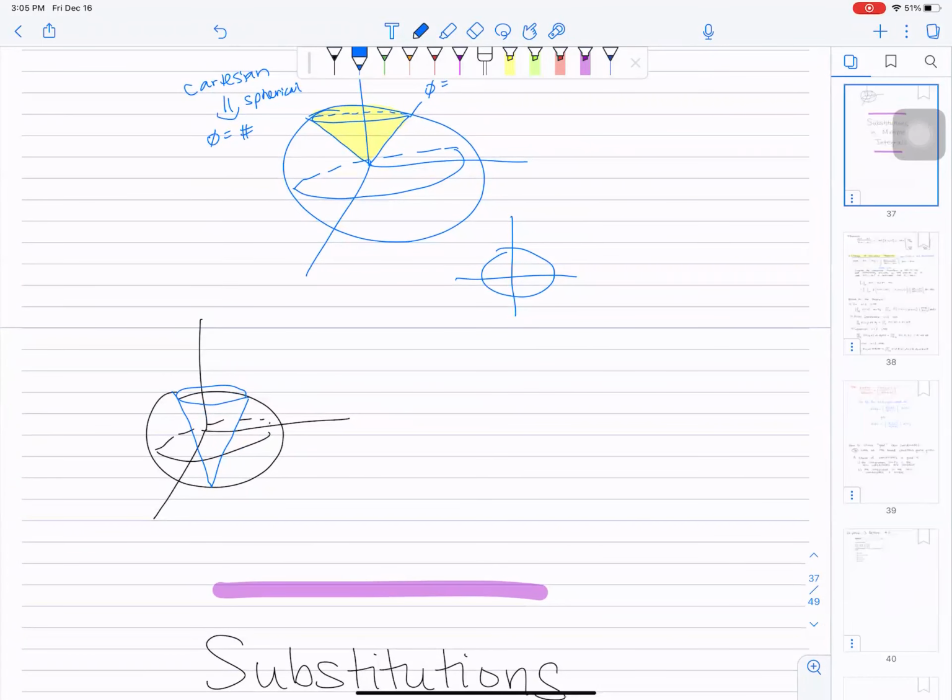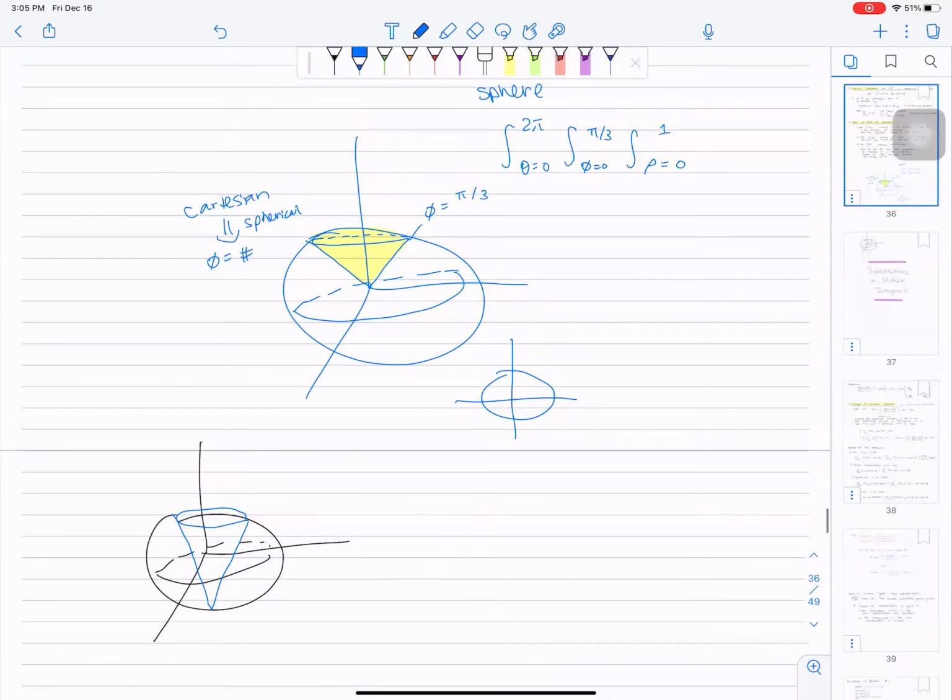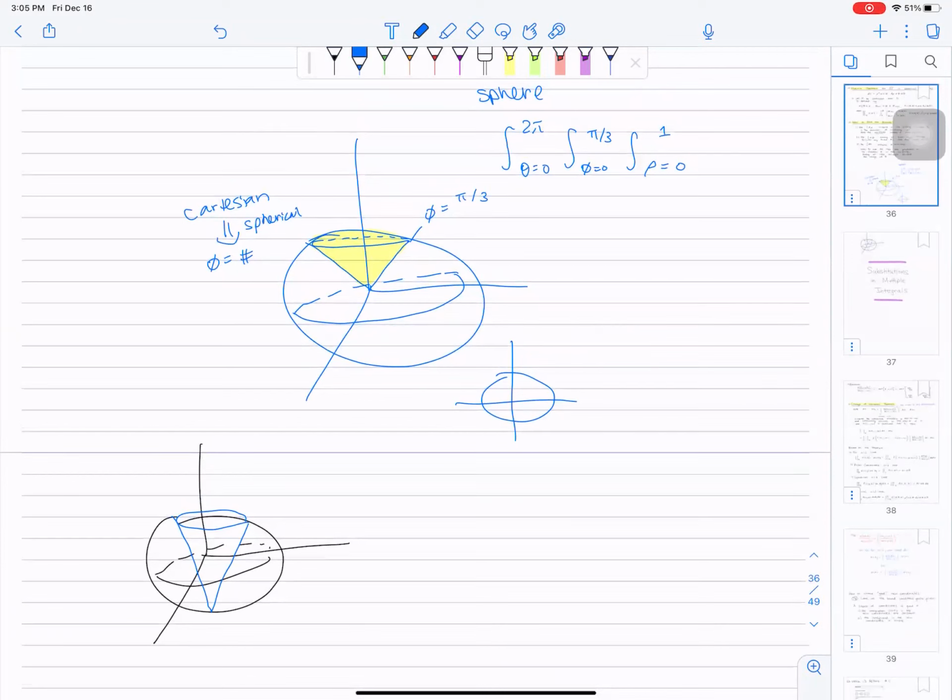I would say to use cylindrical instead of spherical.